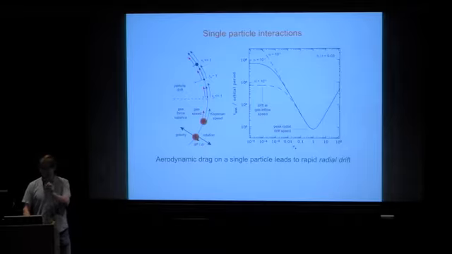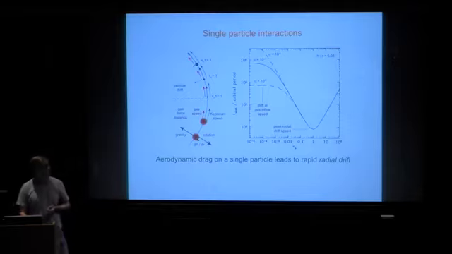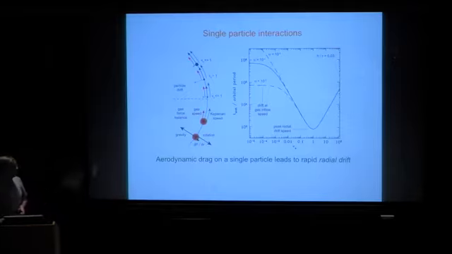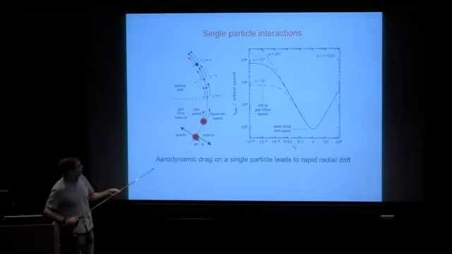So that very small particle would be carried around with the gas at the sub-Keplerian speed, but then it would have a terminal velocity, basically drifting towards the star. And so this gives rise to radial drift, which can occur on a very short time scale.